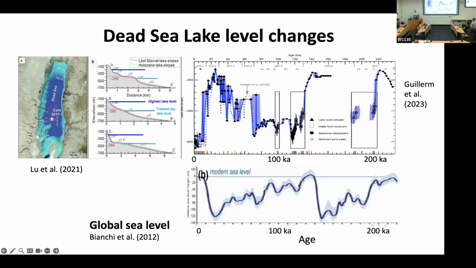So we have the Dead Sea level. During the ice ages, it was high while the global sea level was low, because there was more rain in the Dead Sea, and vice versa. Now in the interglacials, we have high sea level and the Dead Sea is very low.